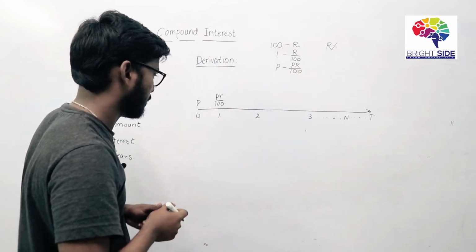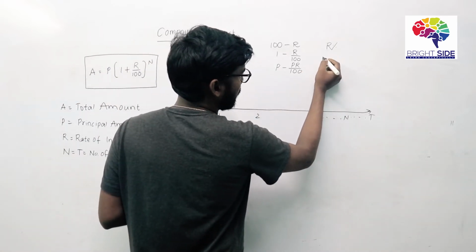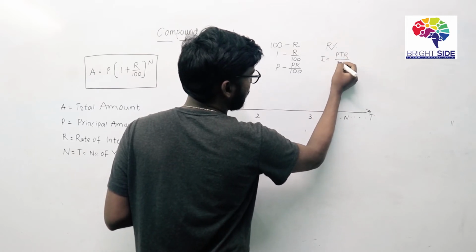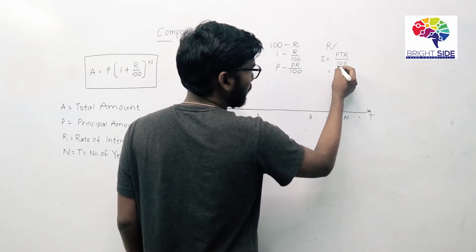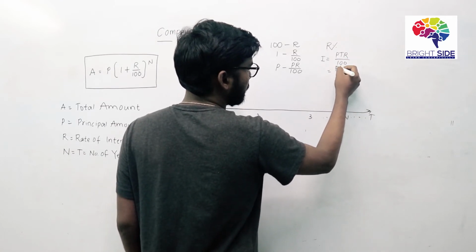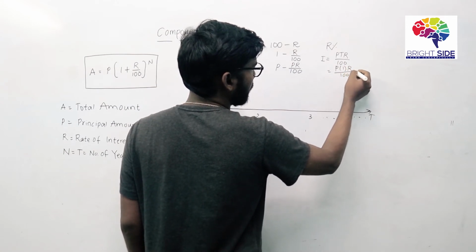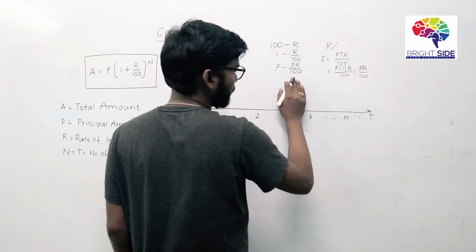PR by 100. So same, if you apply interest is PTR by 100, then that would be P, time is 1 year, and R by 100, that will also be PR by 100, same as this one.